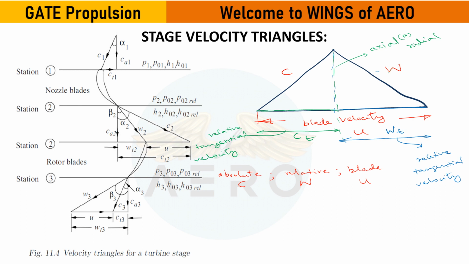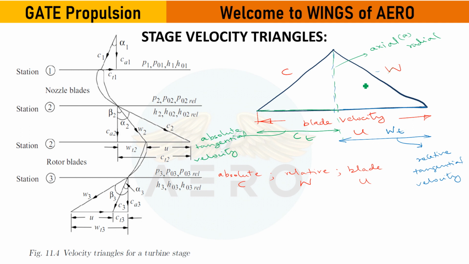Now you have to understand the difference. Now I will change my ink color. Ma'am, CT is relative tangential velocity? Oh, sorry. CT is absolute, thank you.